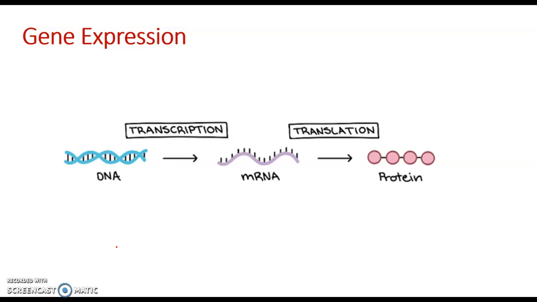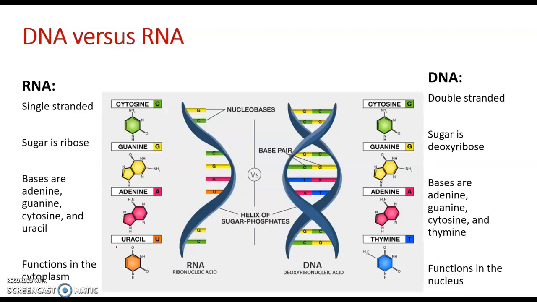Then the protein produced actually carries out the function that was directed by the DNA. So the two steps of transcription and translation lead to the expression of genes in the form of the protein that was created. In order to fully express a gene, you have to have both transcription and translation occur.